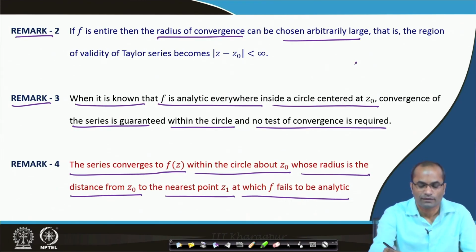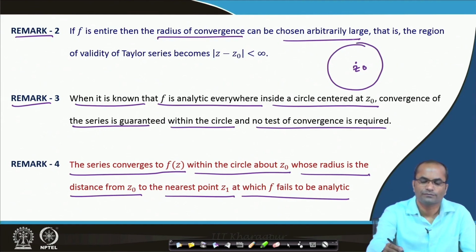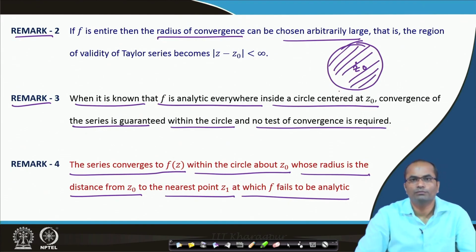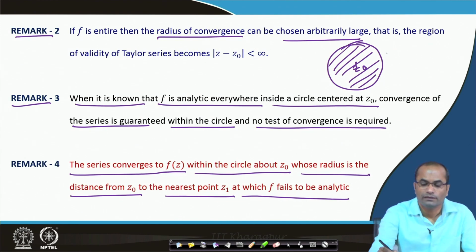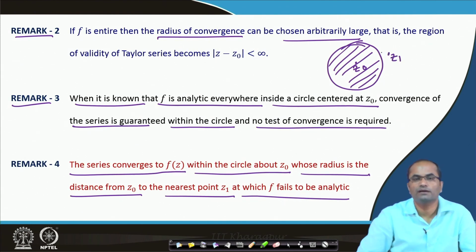Let us say we have z0 here, and then we can go as long as we are covering the region of analyticity. If your function is analytic in this whole domain, the series will definitely converge in that domain, but we should not cross a point. For instance, there is a point here, z1, where the function is not analytic.